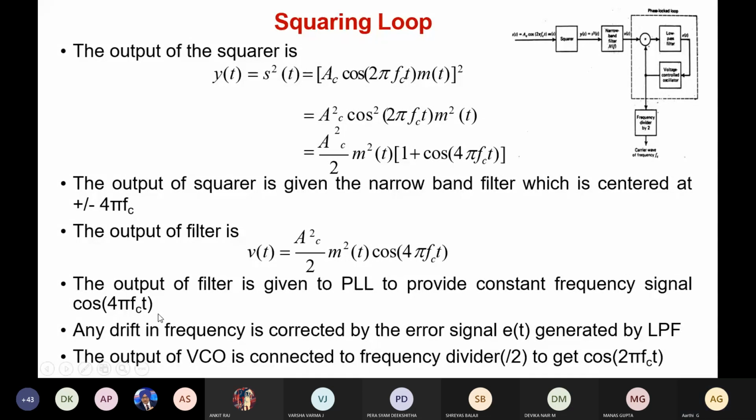So this is just for the frequency or the phase error correction. Any drift in the frequency is corrected by the error signal generated by the low pass filter. So this output of the VCO is connected to a frequency divider to get cos 2 pi fct. After you divide the frequency by 2, we are going to get exactly cos 2 pi fct. So this is just for recovering the carrier frequency. So this is called a squaring loop.